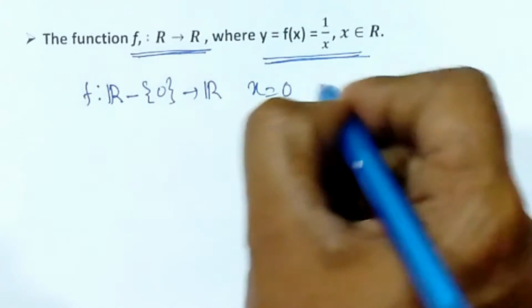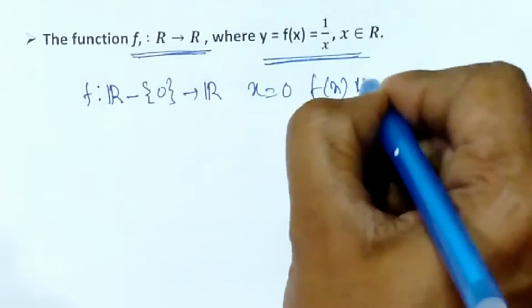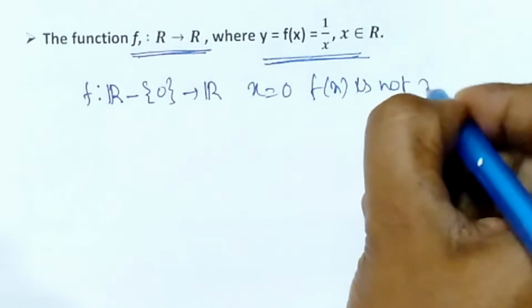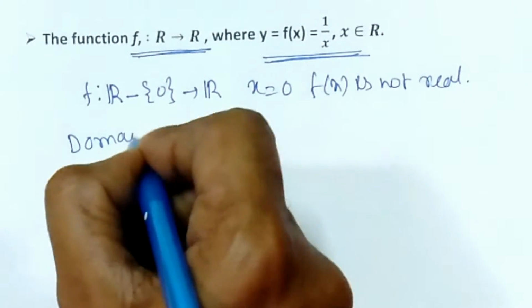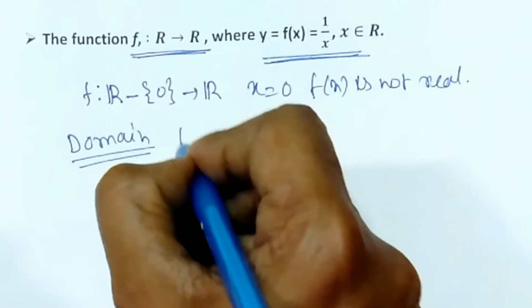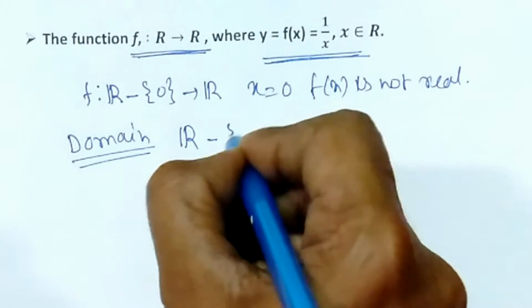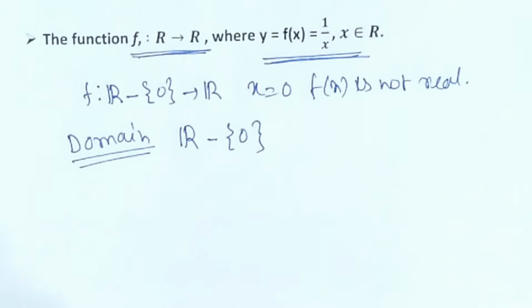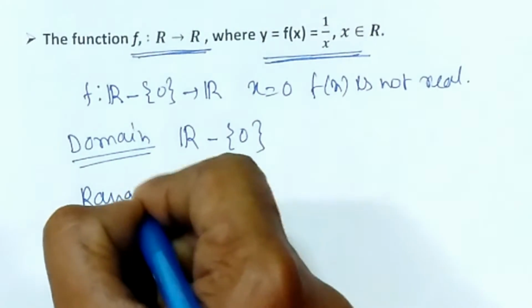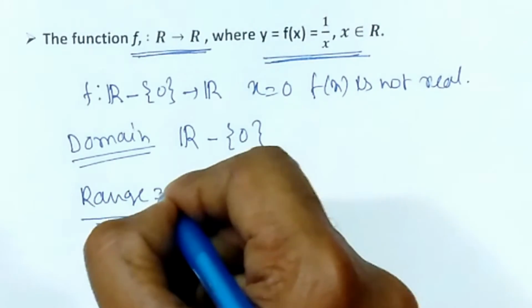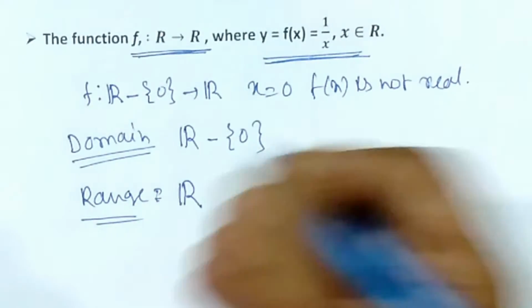For x equals 0, f of x is not real. Clear? So clearly the domain of this function is real numbers minus 0, that is non-zero real numbers, and the range of this function is the set of real numbers.